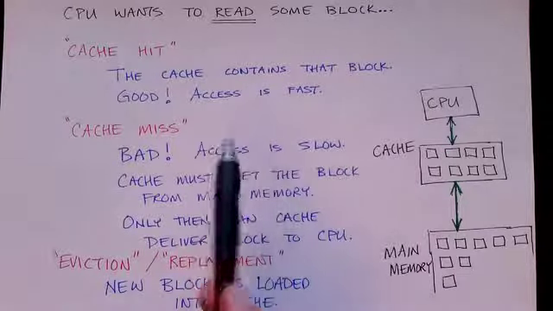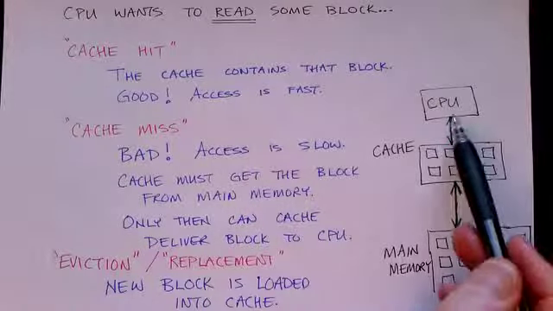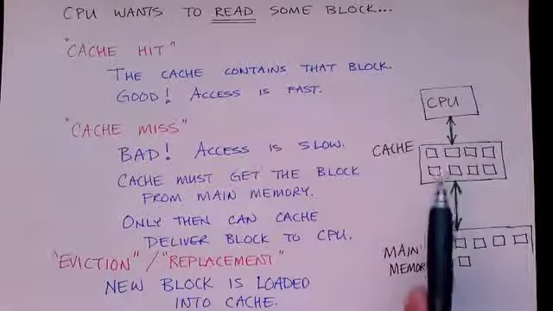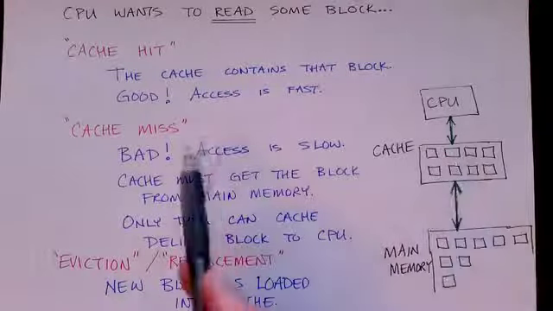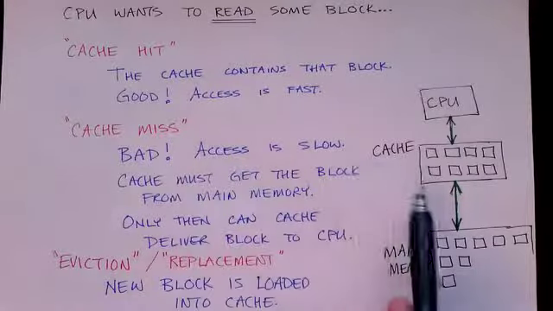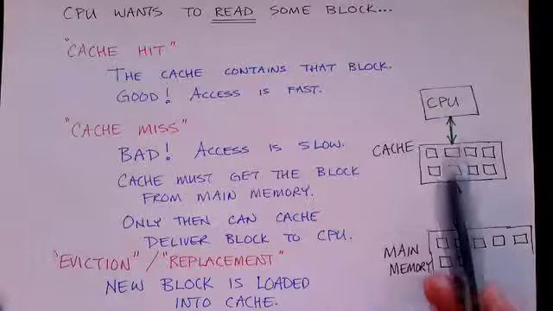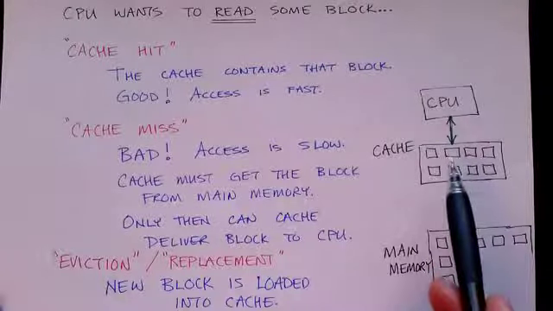This is a good thing because then the cache can return that data directly to the CPU, and it can do that fast. So that's a fast access. However, the cache may not contain the block, in which case we have a cache miss. And this is bad because it's going to require some additional time to get the data. So cache hits are fast, cache misses slow things down quite a bit.